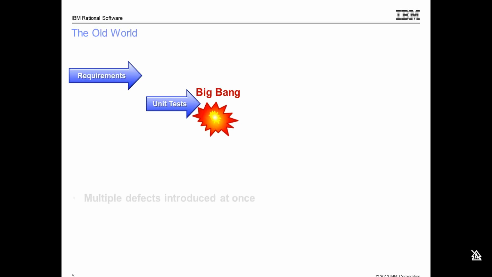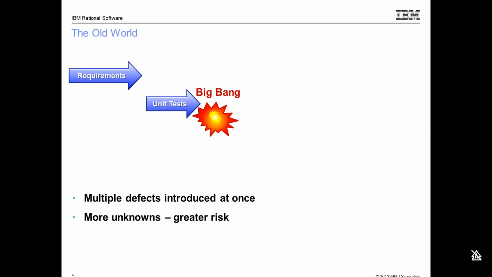And then when multiple developers would bring in their code and start integrating it, what we used to see is what's called the Big Bang, right? So what do we mean by the Big Bang? It's basically a time when multiple defects get introduced at once. There are more unknowns because of which there's greater risk at that point, and the time taken to fix all these unknowns becomes a lot more than anticipated originally, and thereby proves more expensive in terms of project budgets.